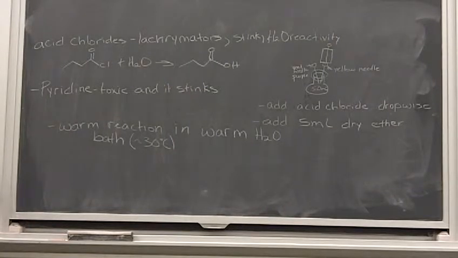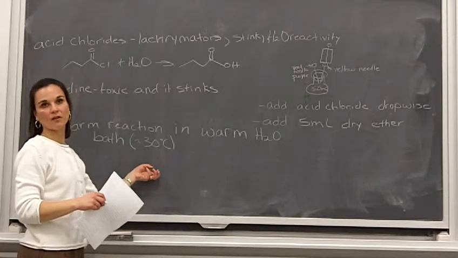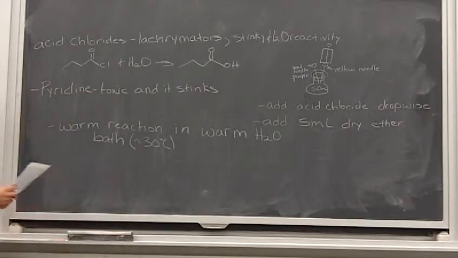You don't want to be refluxing any ether, okay? So you just want a warm water bath. So use the hot tap water, but you're probably not going to have to heat it much after that. Just keep it just below the boiling point of the ether so you don't actually boil the ether away, okay? So you're going to heat the reaction in the warm water bath.